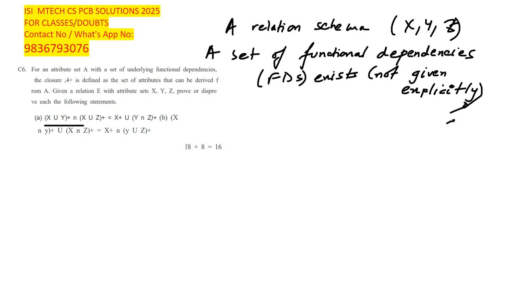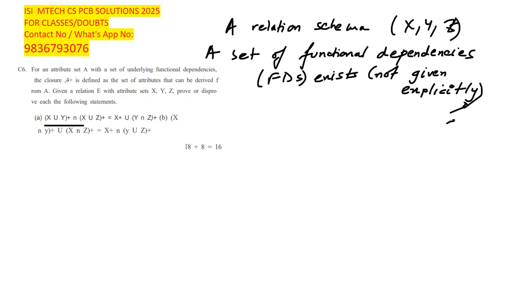So this is the thing. And second, closure of x intersection y union closure of x intersection z is equals to closure of x intersection closure of y union z.